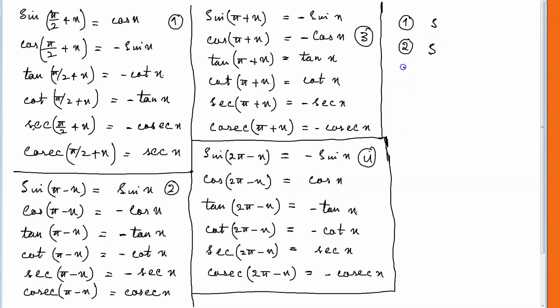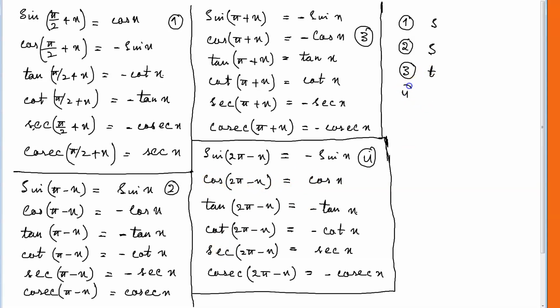In the third case, in all of these cases, you have a negative here, except in the case of tan and cot, right? So I write tan, and so I automatically know that cot is also there because cot is the inverse of tan. And in the fourth case, the positive happens in case of cos and secant.